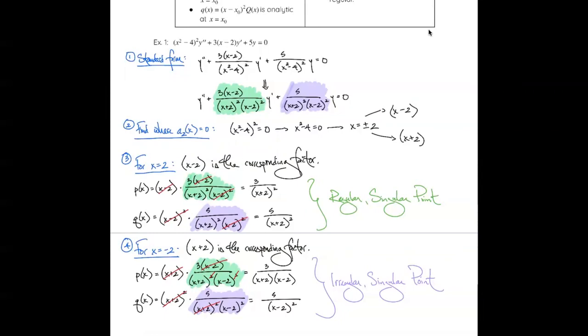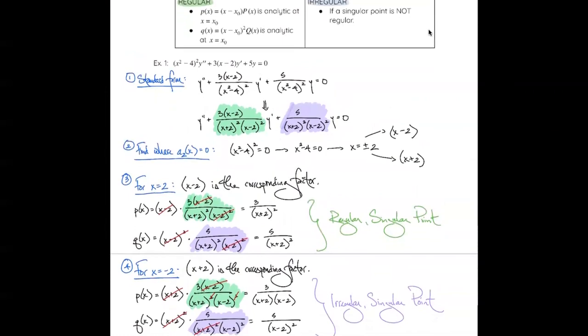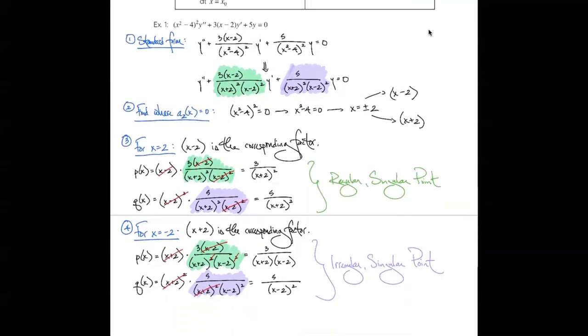And after we identify those, then for each one, we go ahead and plug it into this equation here and determine whether that function is analytic around that point or not. And it is possible to have a mix of regular and irregular singular points in the same equation. Okay.